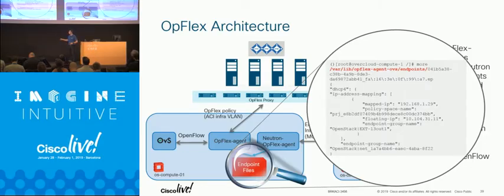So with this data plus the OpFlex policy enforced by the APIC controller, we'll create Open vSwitch rules in the compute node. So the Open vSwitch will be capable of running the right security enforcement based on the policy downloaded in this way. Yeah? Makes sense?